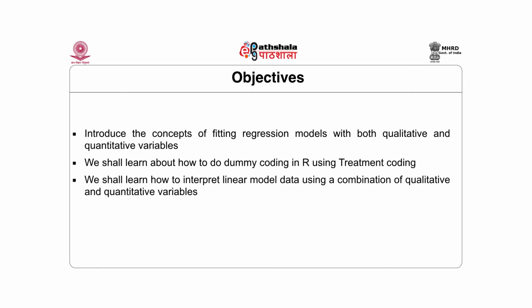So here we've got a challenge. The challenge is that we've got some quantitative variables, like continuously distributed variables or continuous variables. And there are some variables that are often referred to as qualitative variables or categorical variables.